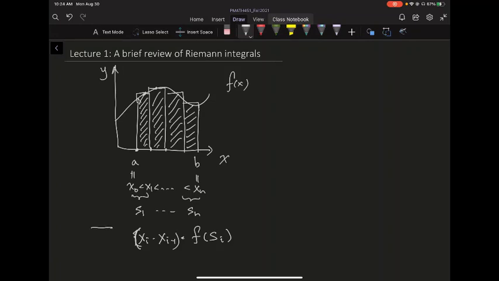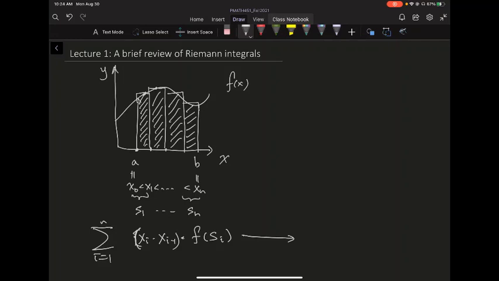And now you sum them up, so i going from 1 to n. Then hopefully, if your function is nice enough, it behaves good enough, then this finite sum will converge when you start chopping this interval AB into smaller and smaller pieces.